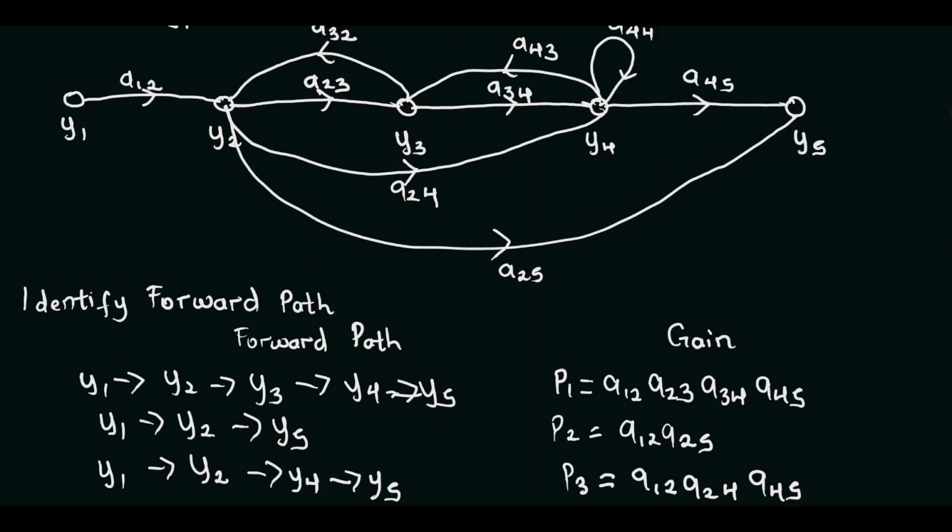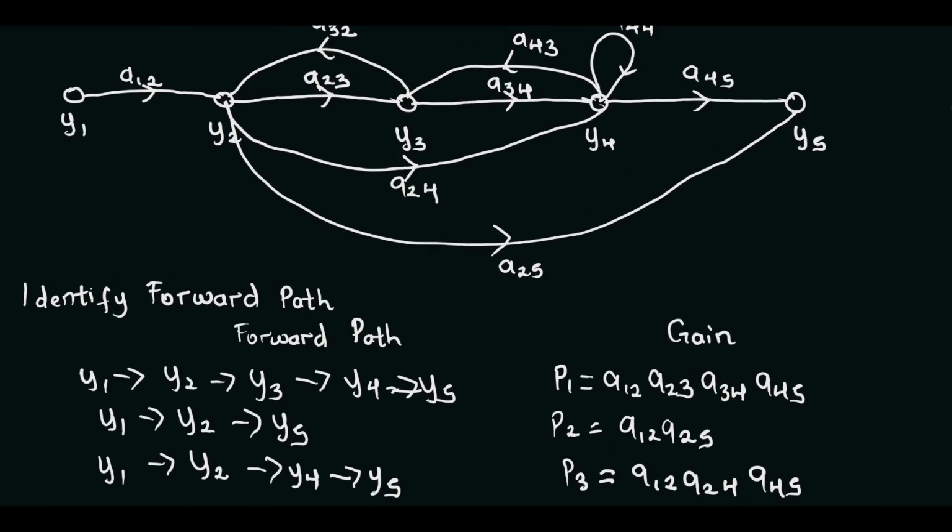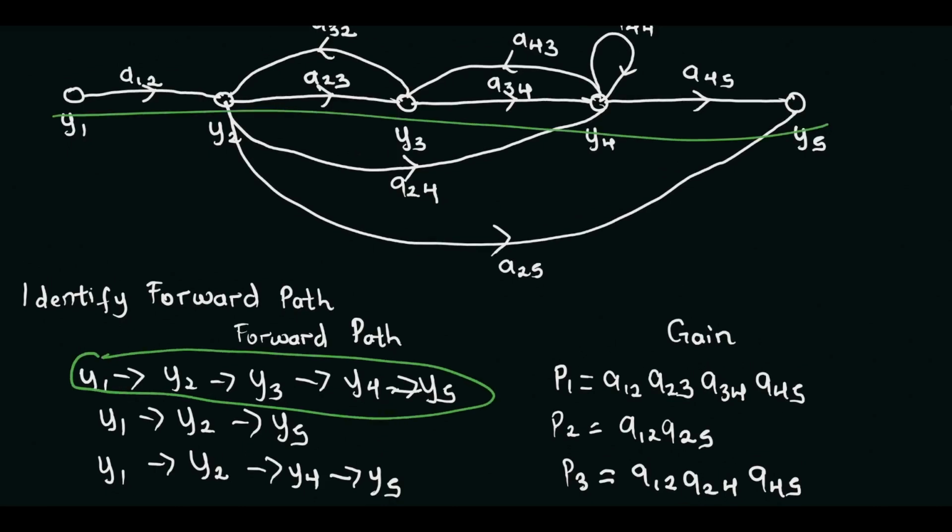Let me explain how I got this over again. This one is a pattern: Y1, Y2, Y3, Y4, Y5. Your gain equals A12, A23, A34, A45.